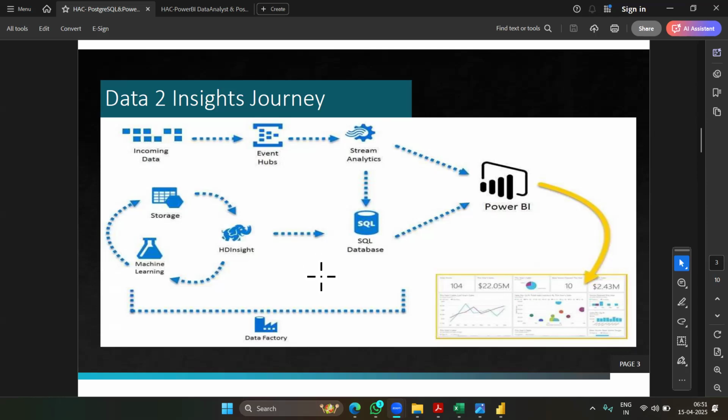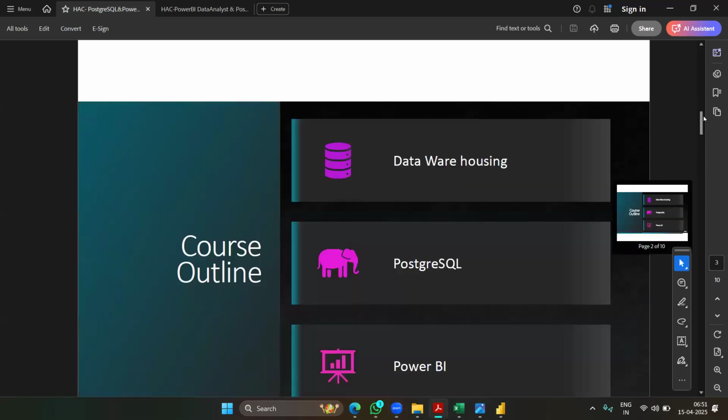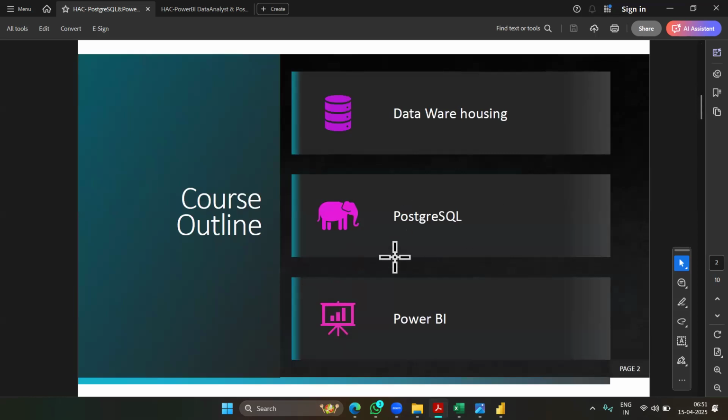When you say database, the language used to interact with it is SQL, structured query language. So we are going to learn SQL with the help of PostgreSQL. Now I'm going to give a detailed understanding of why we are using PostgreSQL.